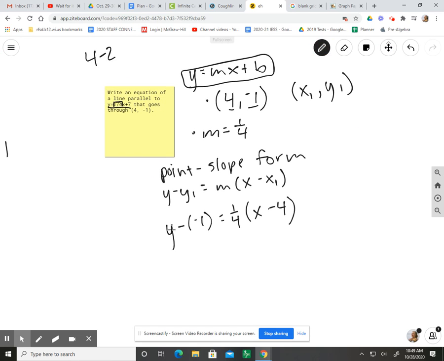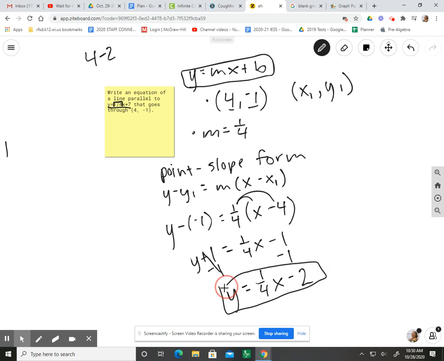So y minus -1 is y plus 1. Over here I'm going to distribute, and I have 1/4 times x, and then 1/4 times -4, so that's -1. Now I just need to get this plus 1 on the other side, so I subtract 1, and I have y equals 1/4 x minus 2.